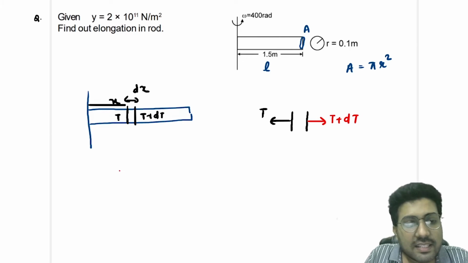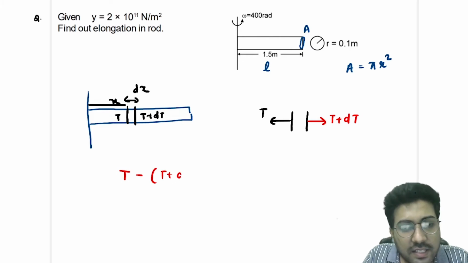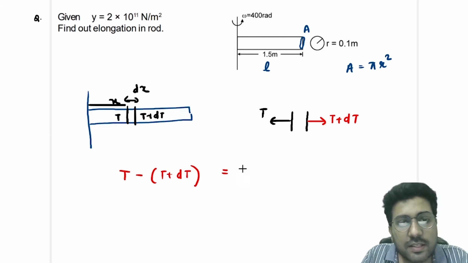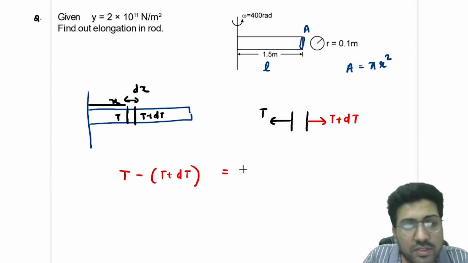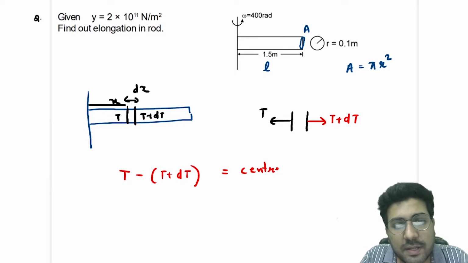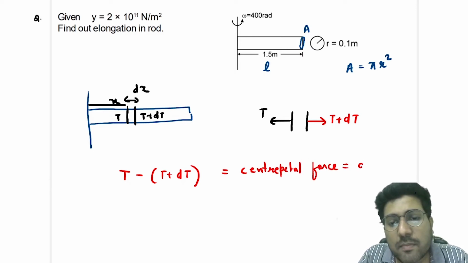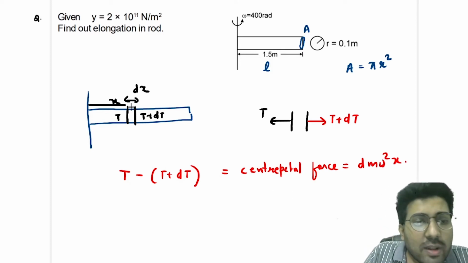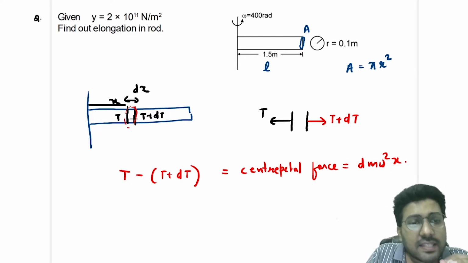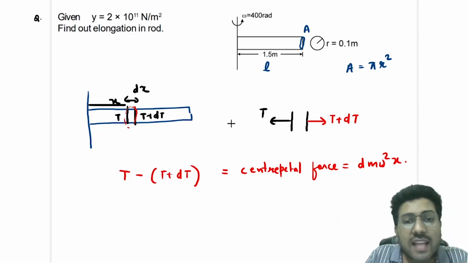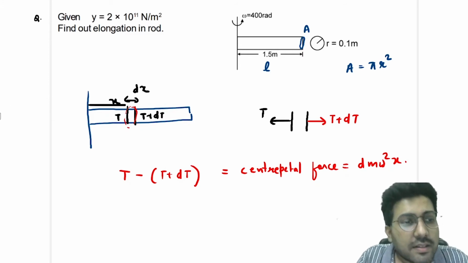So I will write like this, T minus (T plus dT) is equal to the net force towards the center, this is the centripetal force. So this has to be equal to dm omega square x. Why? Because you are only considering this element whose mass is dm, and this is performing circular motion with the help of the tension from the rod.